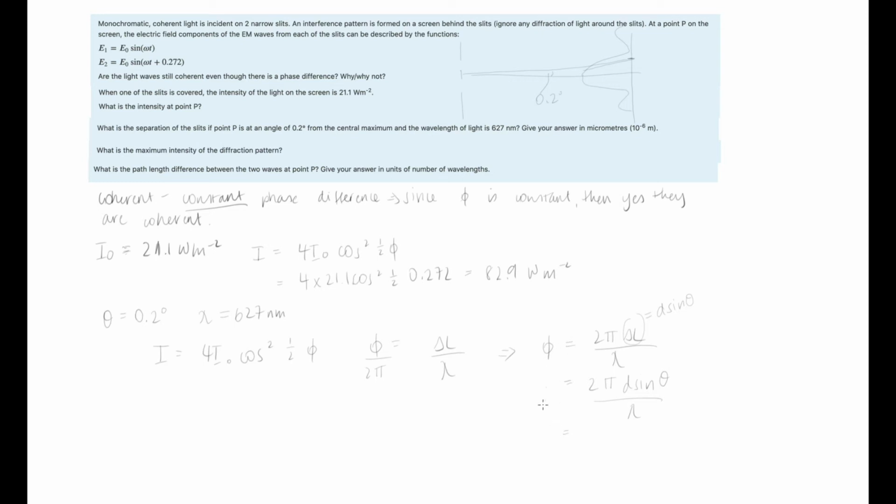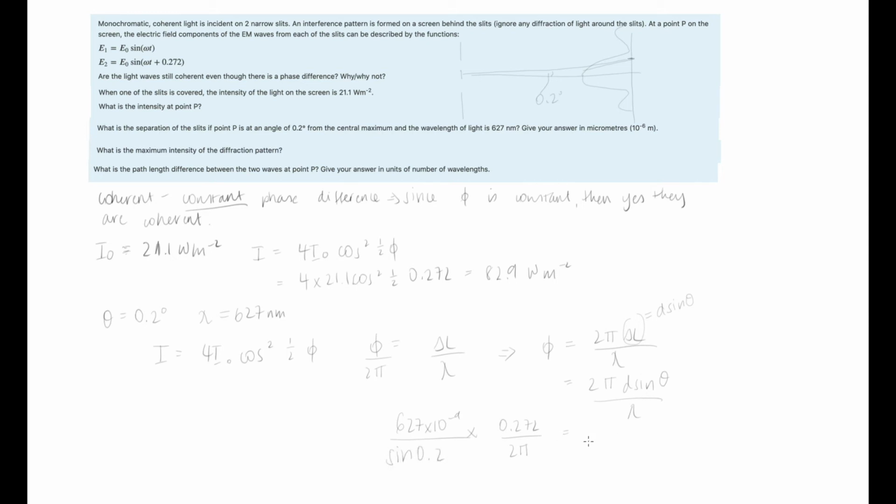Okay, so we know what our phi is. So our phi is our 0.272, and this is if our phi is in radians, remember? And then we can divide by 2 pi. We can multiply all of this by our lambda, so our 627 by 10 to the minus 9, and divide that by our sine theta.